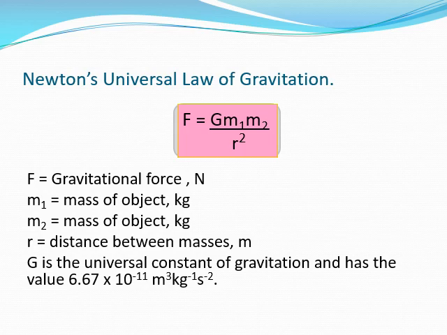So the greater the masses, the greater the force. And the greater the separation, the less the force. But it's an inverse square law relationship because it's divided by r squared, in a similar way to the irradiance function, which was k over d squared.